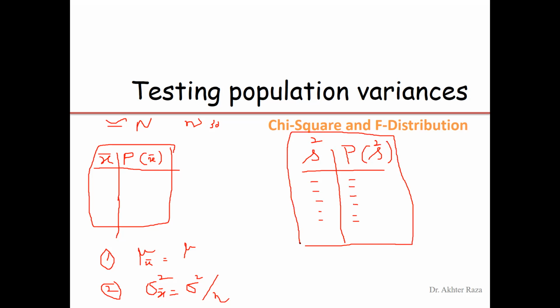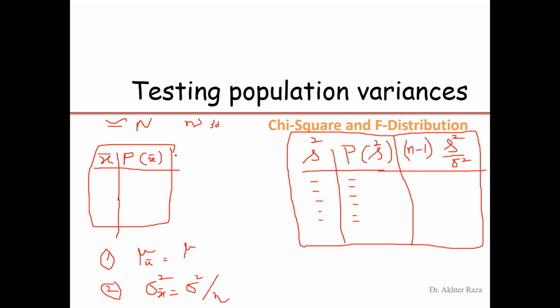For the sampling distribution of sample variances, if I construct a transformation, and that transformation is n-1 times s square upon sigma square, this column will follow the chi-square distribution. So this is the formula for chi-square distribution, and this is the distribution which we can say is the sampling distribution of sample variances.